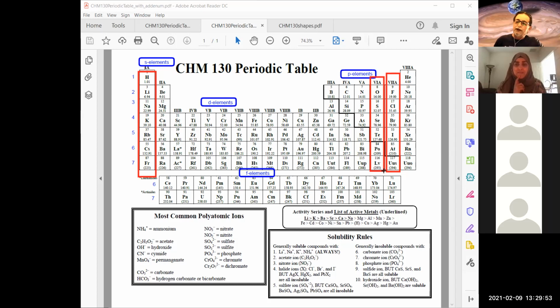How many electrons do they need to get to that magic 8? I'm at 6. What do I need? 2 more. 6 plus 2 is 8, right? I've got to get to that magic 8. Because I'm at 6 valence electrons, I need to pick up 2 more. What do you think my net charge would be once I pick up 2 electrons?